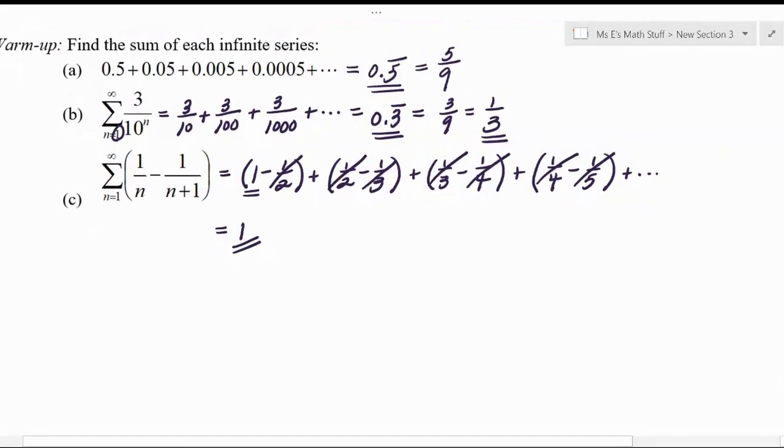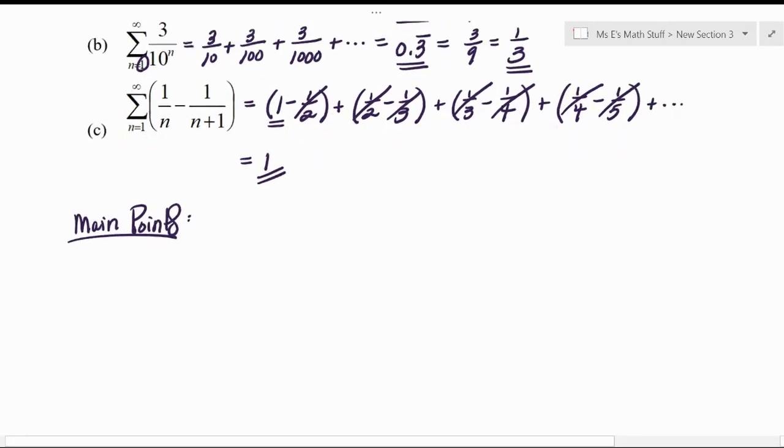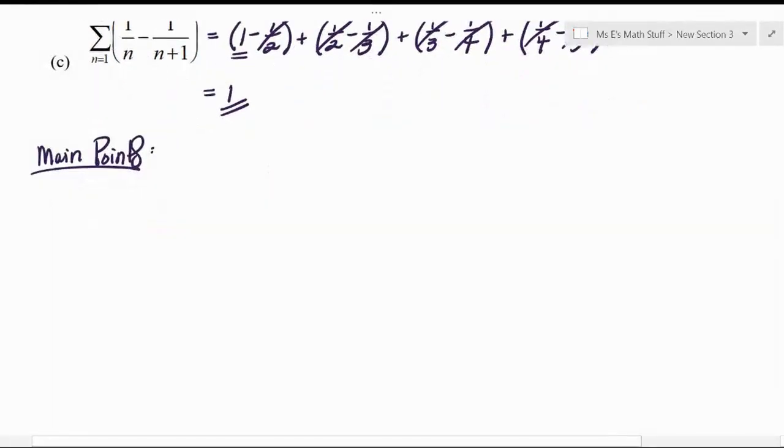Let's see. So there's some main points, and I know that this was mentioned in the learning targets up above, but let's write them down. So there's some main points of this lesson. We're going to get a ton of mileage out of them as we go through chapter 8. One is the idea of an infinite geometric series.